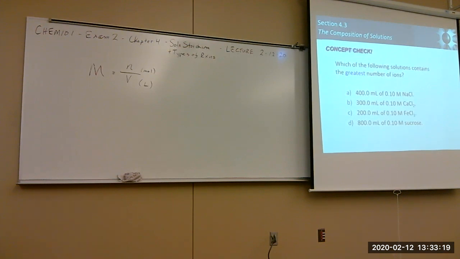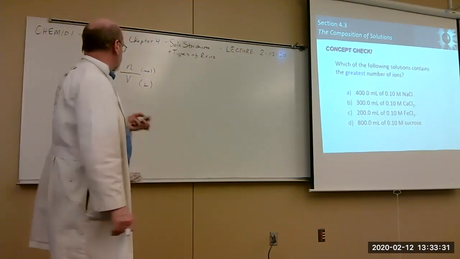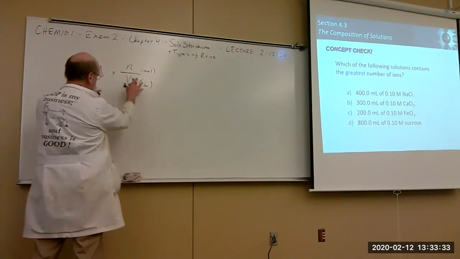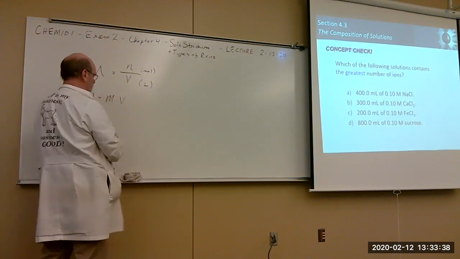So I'm gonna have to breeze over this and just give you an overview. If you have a problem, the question in this one is, what's the greatest number of ions? So you need to calculate the number of ions. We need to rearrange this to find out this, right? Well, the last one.